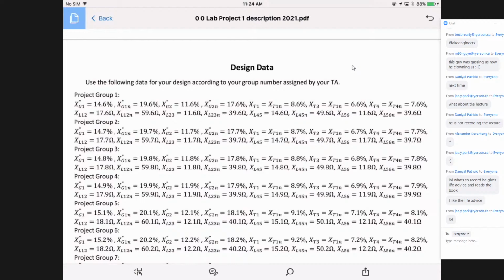For example, in group 1, the impedance of generator 1 is 14.6, group 2 is 14.7, and group 3 is 14.8. Just change a little bit, okay? And others too. Which group you are in is assigned by your TA.